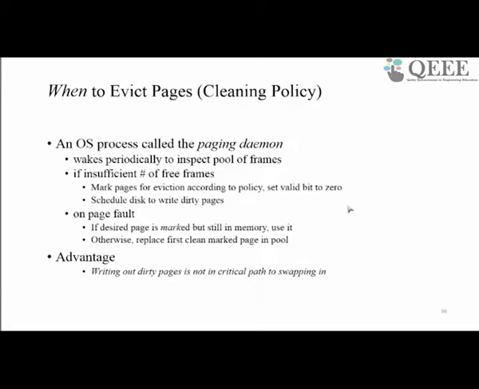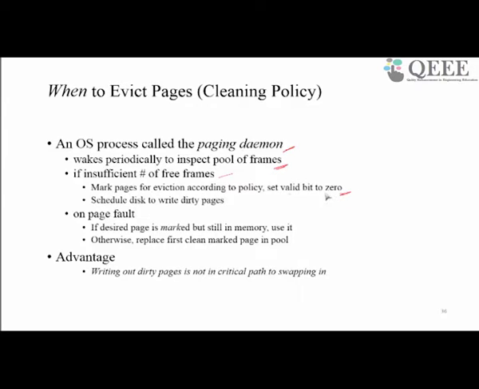An operating system process called the paging daemon is frequently invoked. It is invoked periodically as a result of a clock interrupt. Then it looks at the entries of the page table, looks at the usage bits and so on, applies a replacement policy, and based on that it marks those pages which can be evicted.